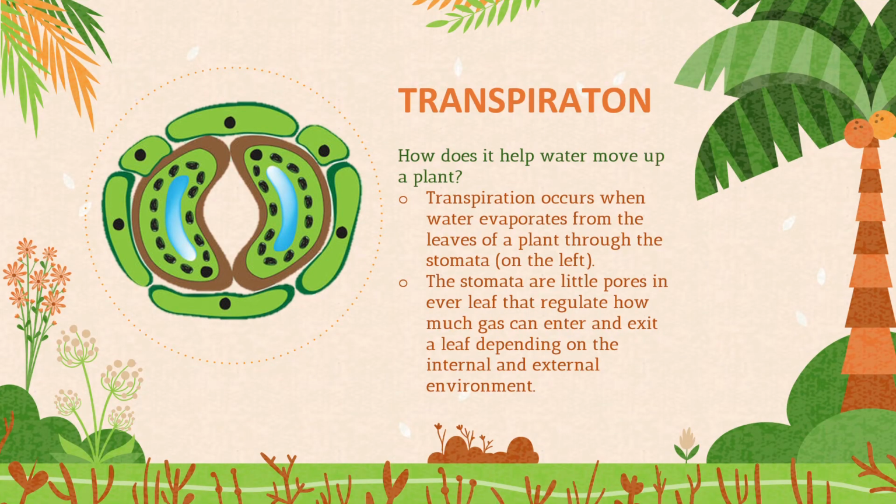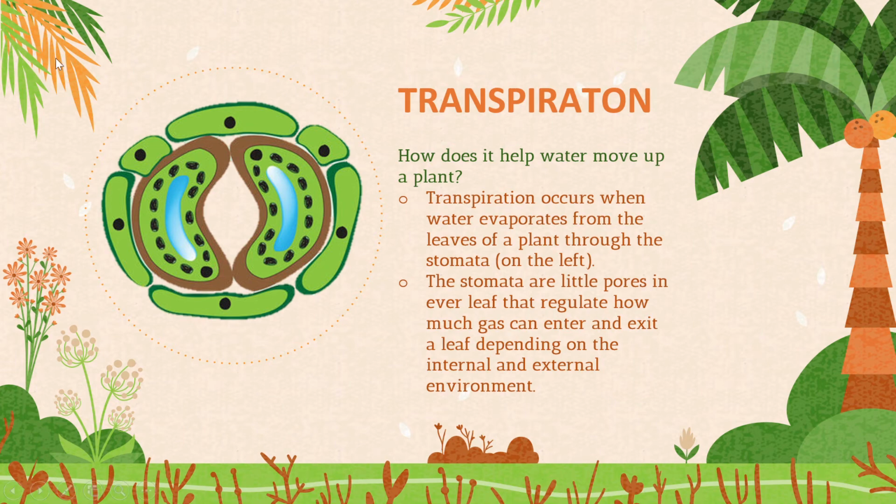First off, we have transpiration. So how does this help water move up a plant? Transpiration occurs when water evaporates from the leaves of the plant through the stomata, which is shown on the left. So as you can see on the left, we have a little opening right there, and you can see those are the guard cells that are actually opening up the plant's stomata, and that's the little hole right there, which is where all the water comes in and out of.